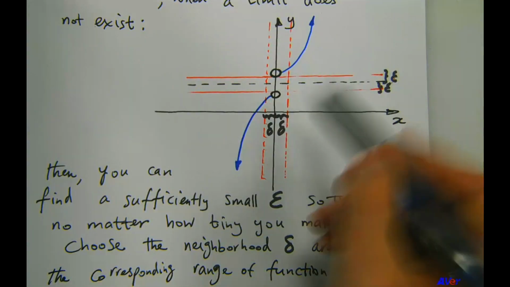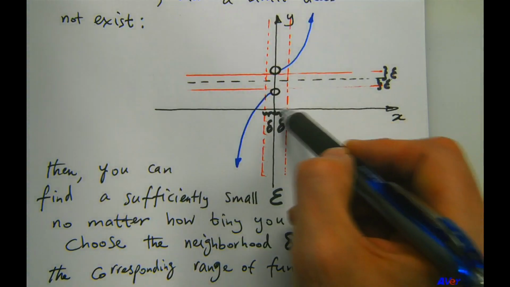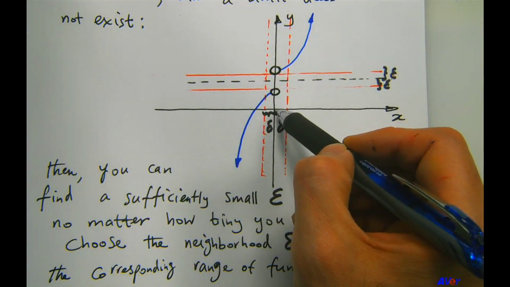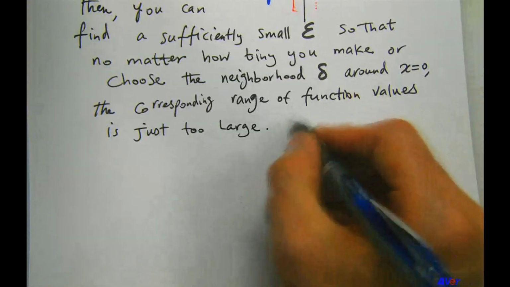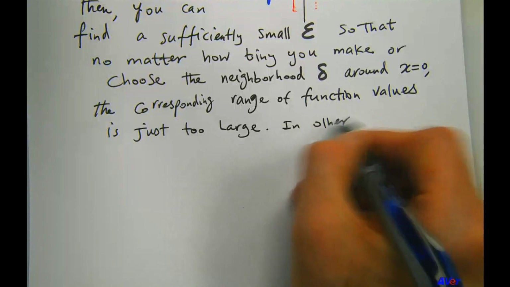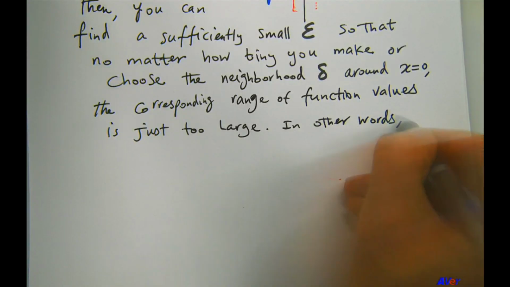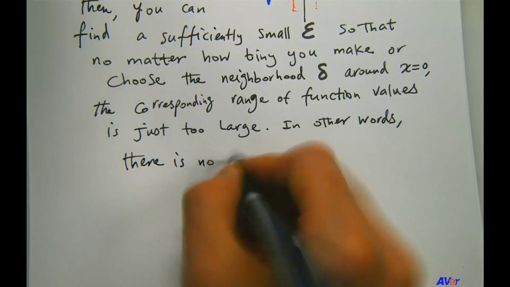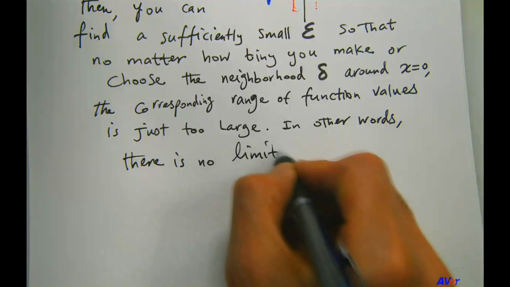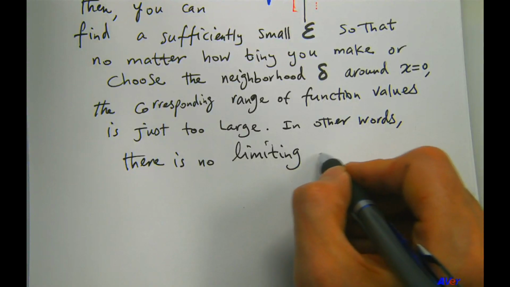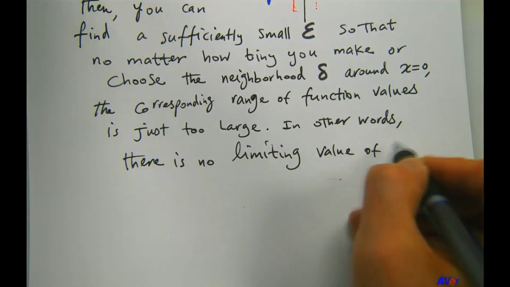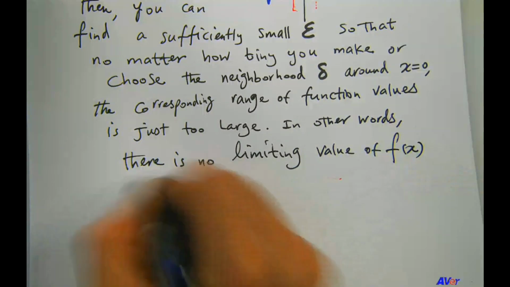The corresponding value of delta cannot become smaller than a certain value. So it's always too large for the epsilon that we picked. In other words, there is no limiting value of f of x.